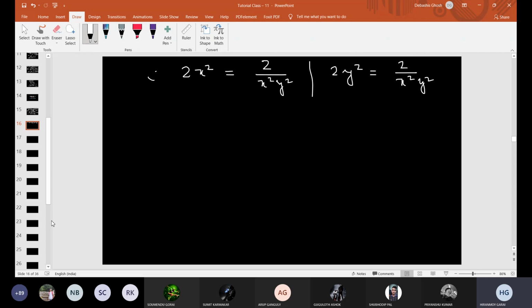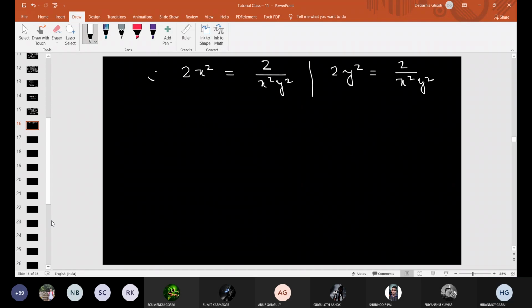Here, 2x is equal to 2 by x cube y square, so we multiply by x, which gives 2x square equals 2 by x square y square. And again we multiply by y, which gives 2y square equals 2 by x square y square. So therefore we are getting that.